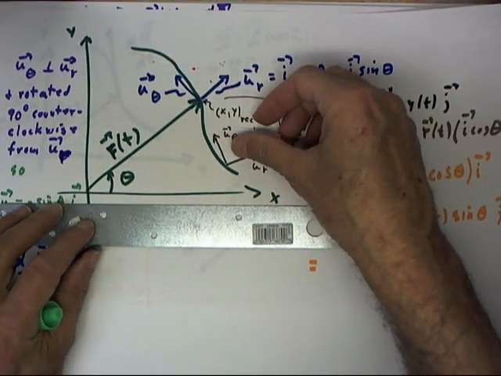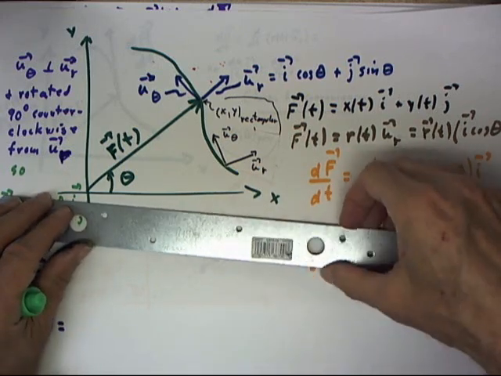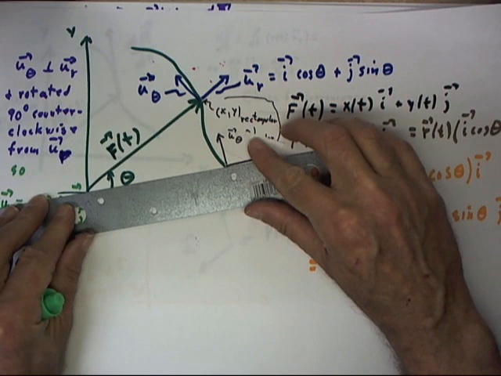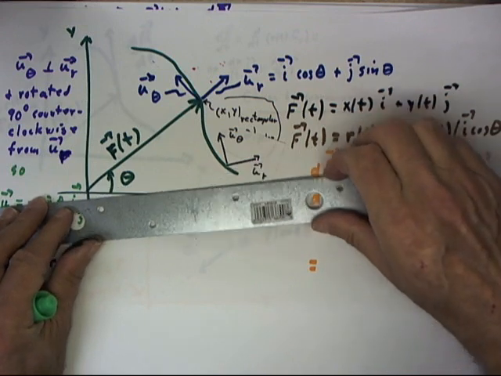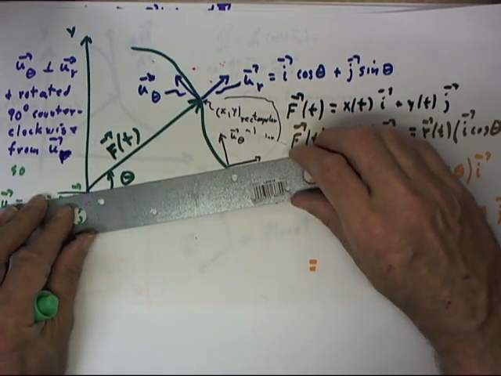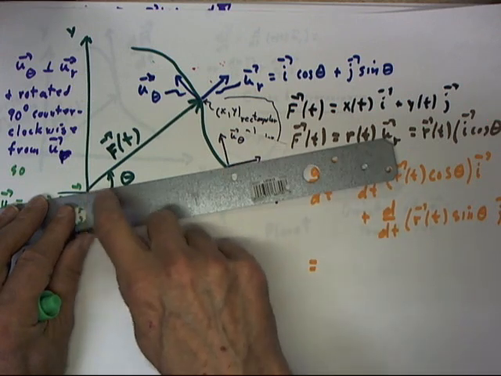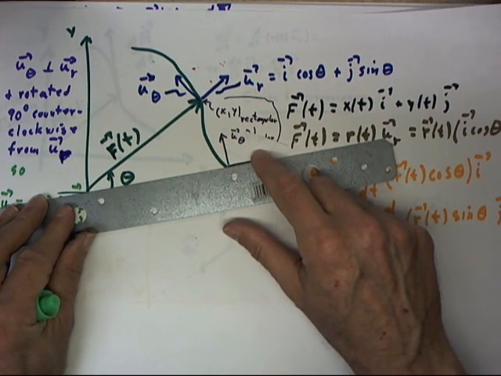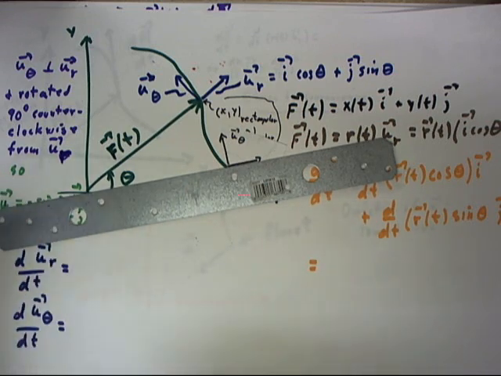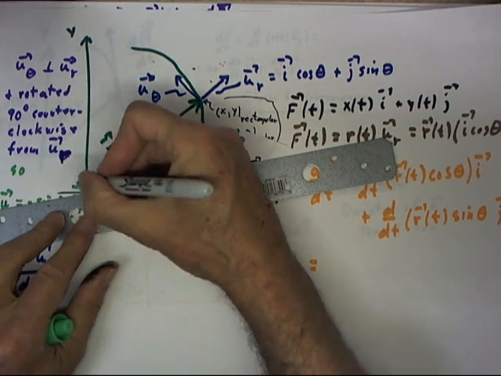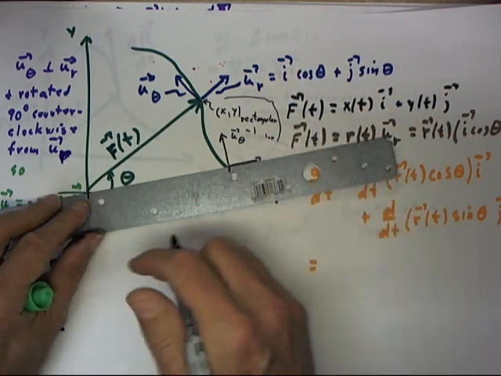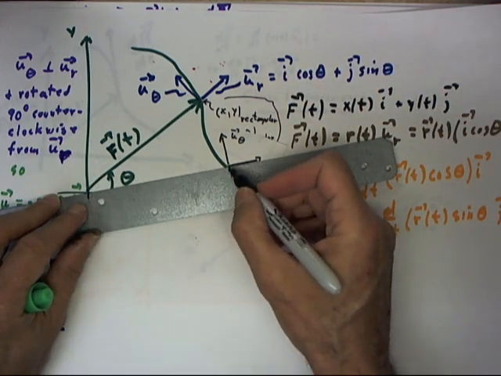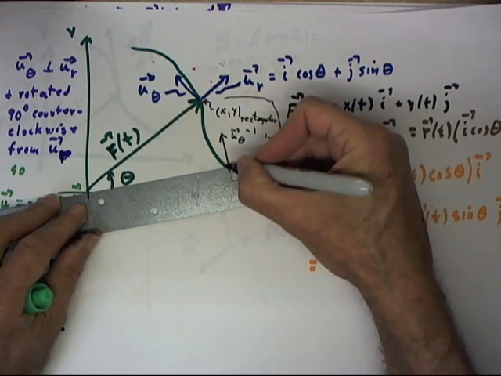For a picture, I've got a u r u theta pair sketched on a slip of paper, and I can orient my u sub r vector along the radial line. This metal strap here is oriented along the line, and here's the point of the origin, here's the point of our function at this particular instant.